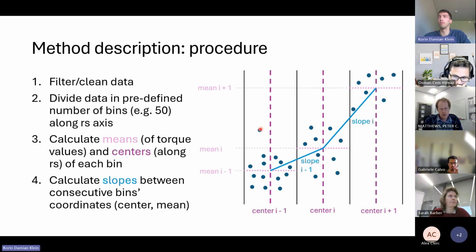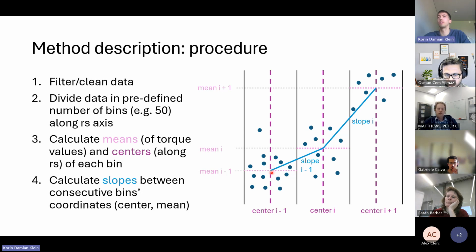The blue points we have here represent some measurement data. Those bins serve as a way to calculate a mean for those measurement data, which then results in this line we can see here.